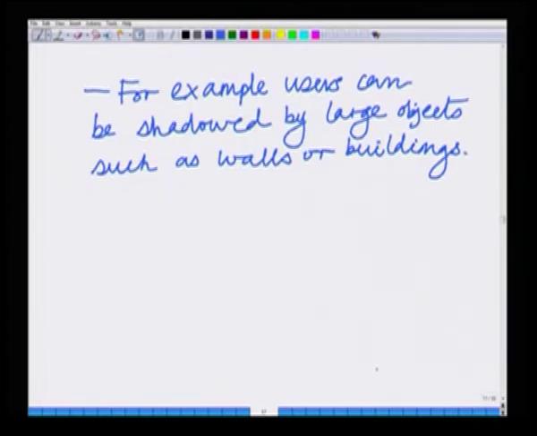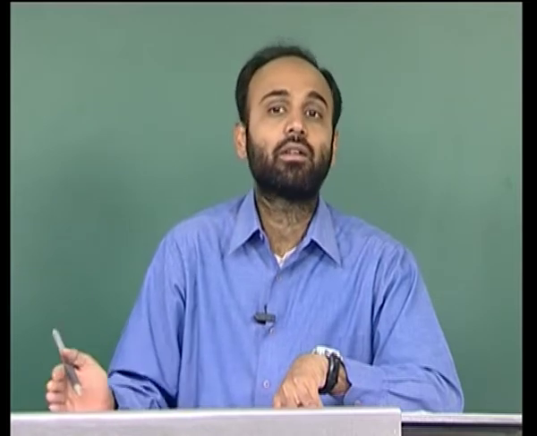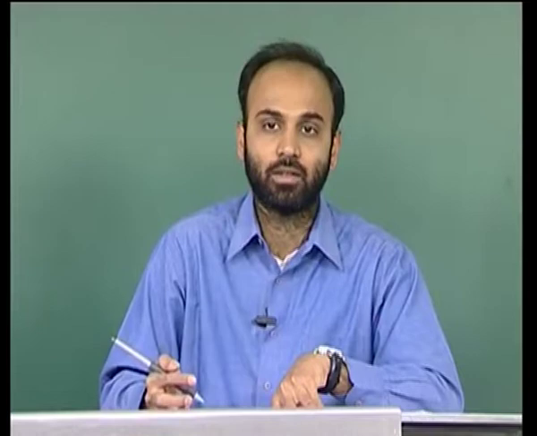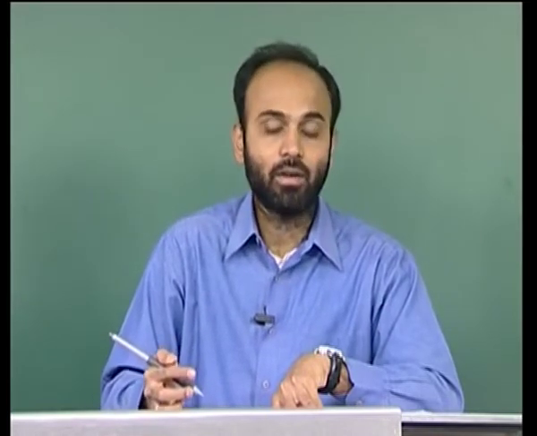So, users can be shadowed by large objects such as either walls or buildings. Hence, the received signal strength is actually a random variable, because it depends on the random clutter or scatter environment.